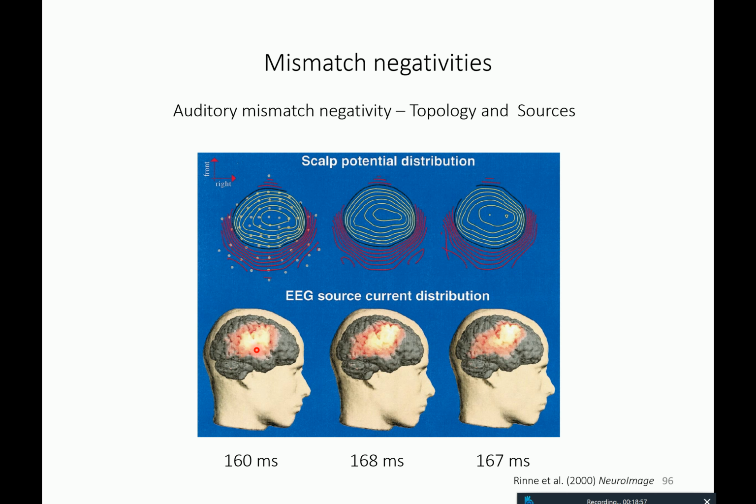And the idea is that with increasing time after the stimulus onset, this negativity shifts a little bit from supratemporal, so auditory cortices, to more frontal cortices. But it's fairly light, and it's some big blob of activation around the central fissure.